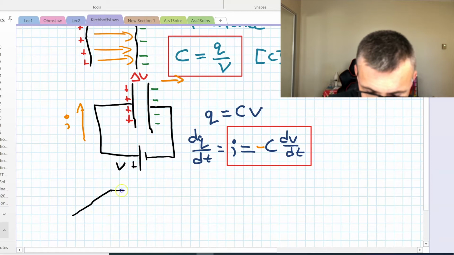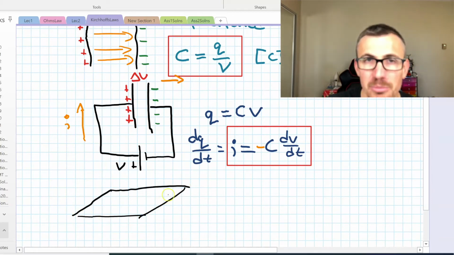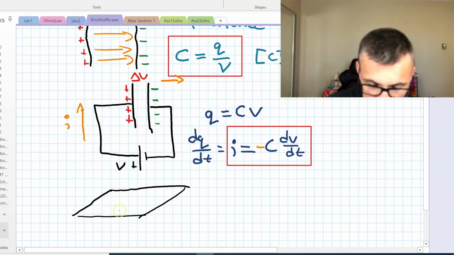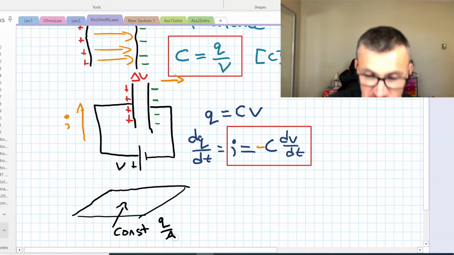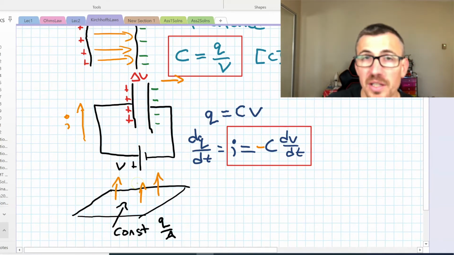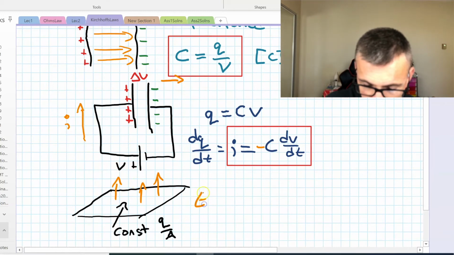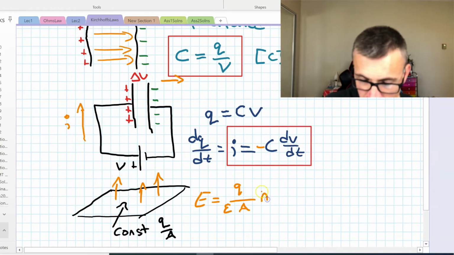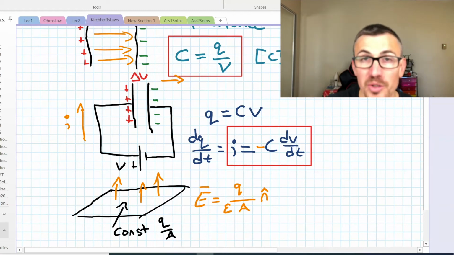Namely, that if we have a big piece of metal, a flat plane, with a given constant charge per area, Q over A, a surface charge density, that corresponds to a very particular electric field: a constant electric field, pointing out of the surface, with magnitude of the charge density, Q over A, times 1 over epsilon. And it is a vector, so it happens to be pointing normal to the surface.